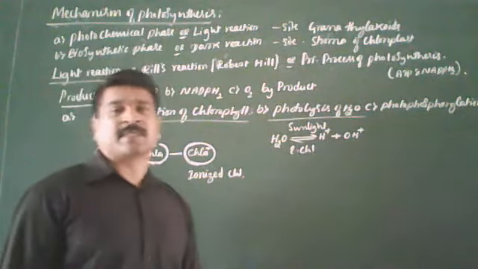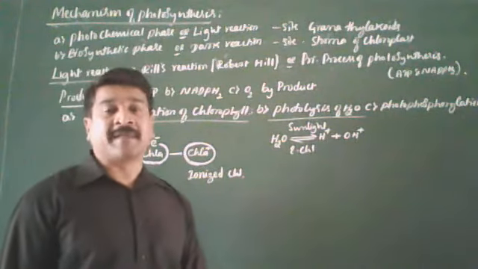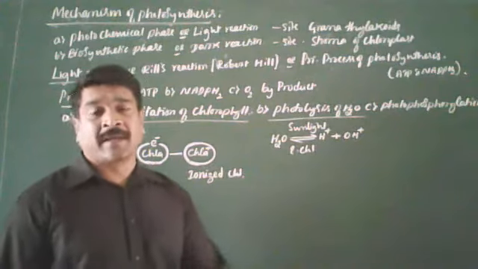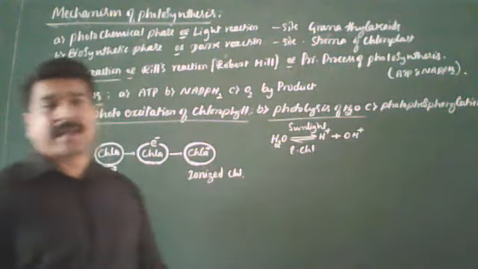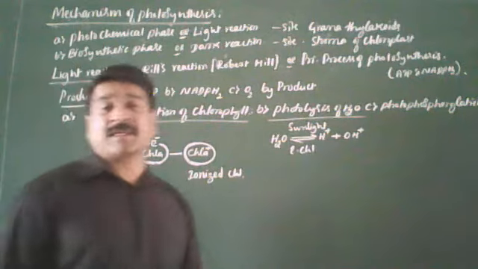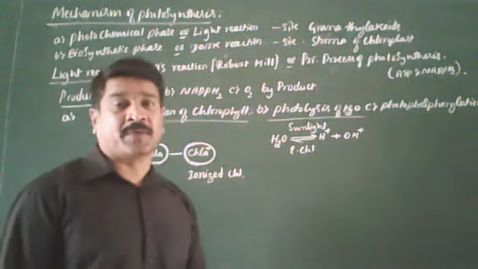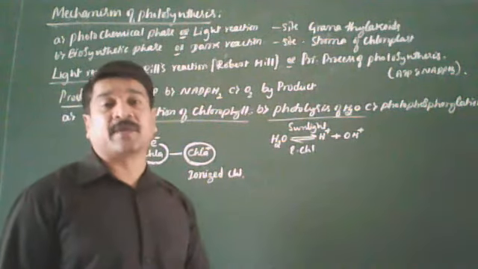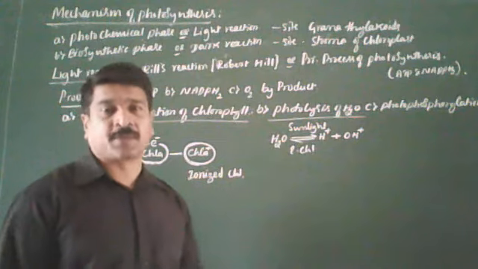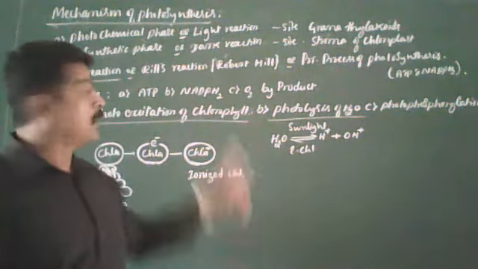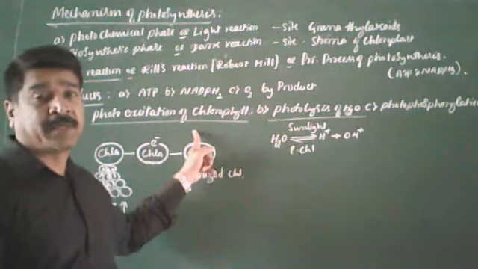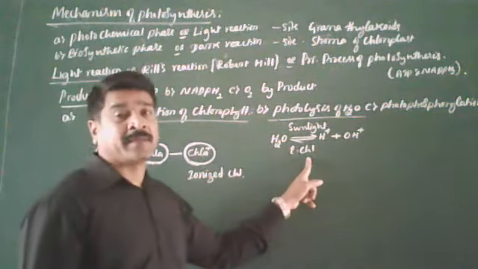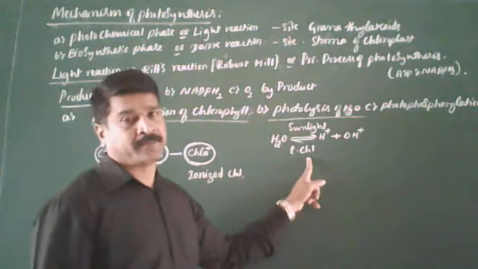During photolysis of water, electrons are released, which I am going to show in non-cyclic photophosphorylation. The released electrons are accepted by unknown compound Z, manganese ions and chloride ions. You should keep that in mind. As I said, this photolysis of water takes place after the photoexcitation of the chlorophyll. That is why here we have written the excited chlorophyll.